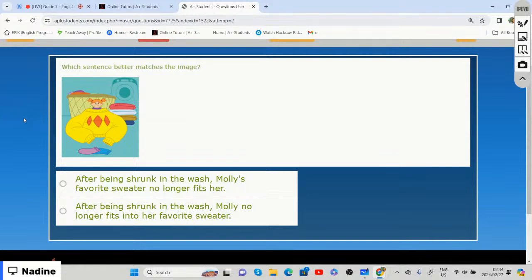So it says, after being shrunk in the wash, meaning before it was shrinking, Molly's favorite t-shirt or sweater no longer fits her. Or, after being shrunk in the wash, Molly no longer fits into her favorite t-shirt or sweater.